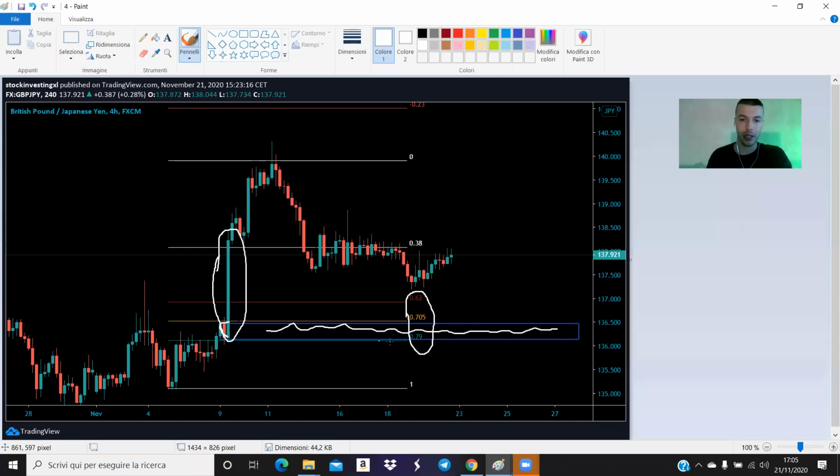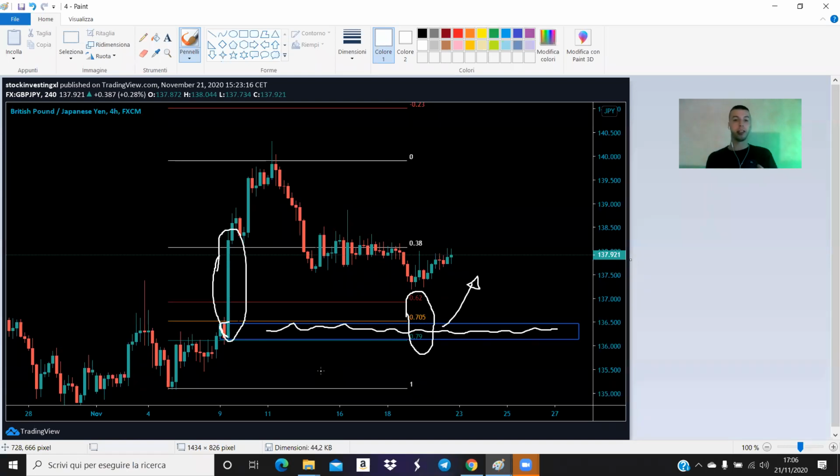In order to decide actually where to enter, I use supply and demand areas. So our demand area corresponds to a level in between the 0.705 Fibonacci level and the 0.79 Fibonacci level, and I'm waiting to enter in between these two levels to buy.